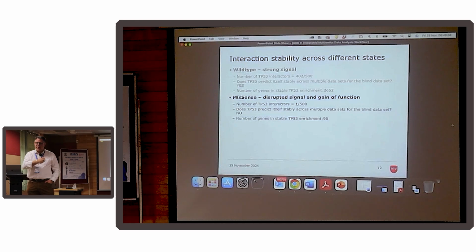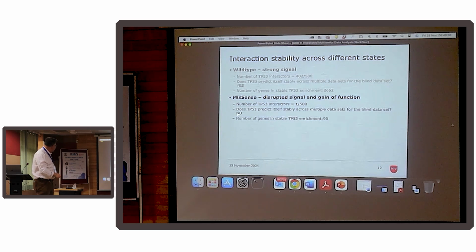So in the missense setting, P53 was highly chaotic. It's producing loads and loads of signal, but the signal's complete rubbish. So P53, in this case, is not doing its job. It's not predicting itself. It's losing information.